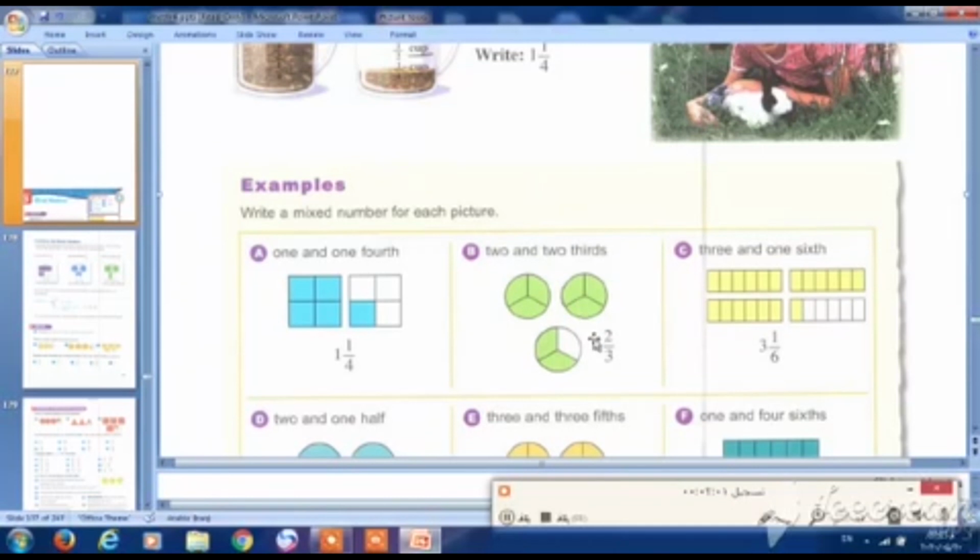We have 2 wholes, that's 2, and from the other we have 2 colored parts, so you write 2, and there are 1, 2, 3, so 3 parts. Now look at this one, we have 1, 2, 3, so 3 wholes, and 1, 2, 3, 4, 5, 6 parts. From these 6 parts one of them is colored, so 3 and 1 out of 6.